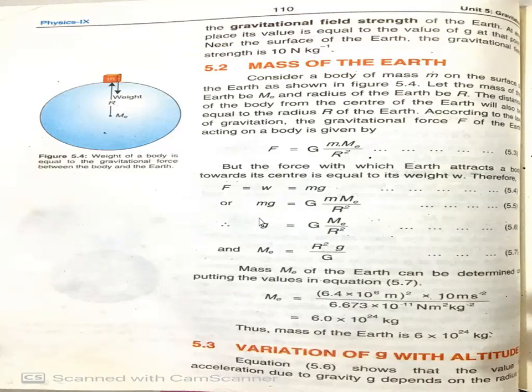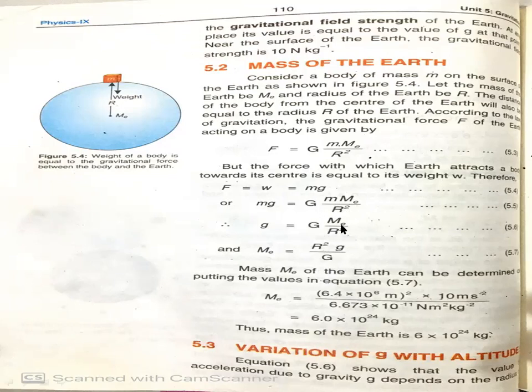So g equals G ME divided by R square. In order to separate out ME, where ME is the mass of the earth, what I will do is this: because R square is divided, if it goes to this side, it will be multiplied. And g is multiplied, so if it goes to the other side, it will be divided.